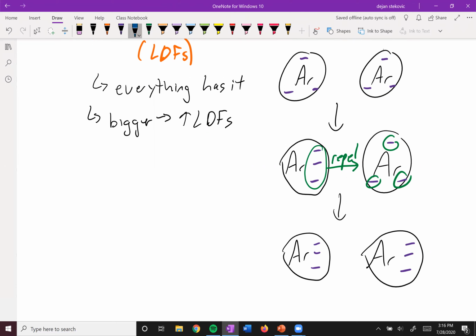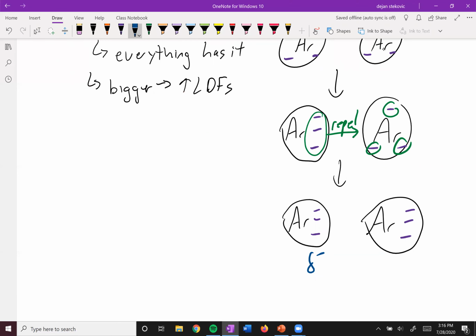And now this end of the argon is partially negative, while this end of the argon is partially positive. And so now we have this interaction, right? This attraction, this London dispersion force. So everything can do this. The bigger the molecule is, the more likely it's going to do this, and the stronger or more London dispersion forces it's going to have.